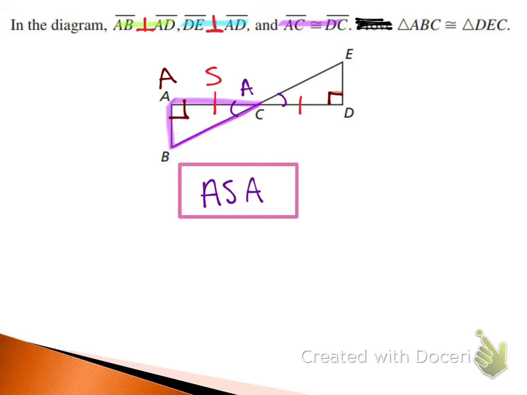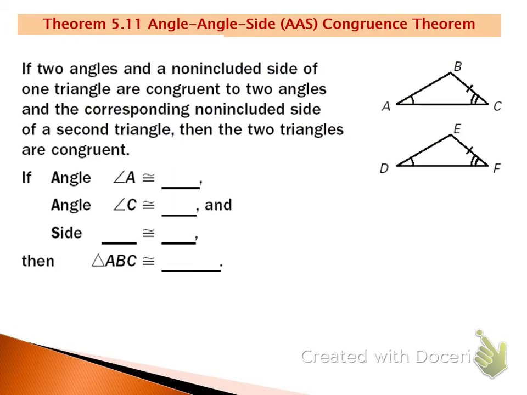Okay. So then the last one we learned today is angle, angle, side. So go ahead and write in angle, angle, side. Then you can highlight. That's two angles and a non-included side. Two angles and a non-included side.